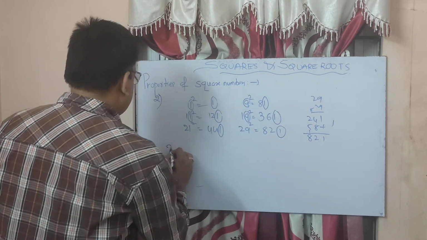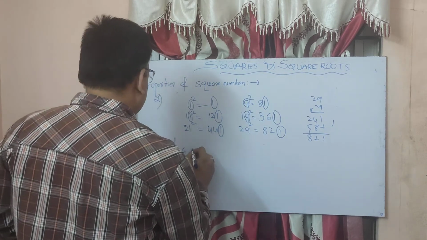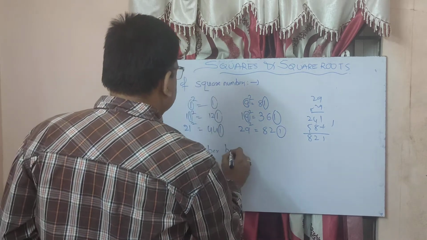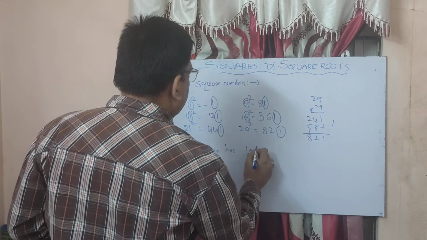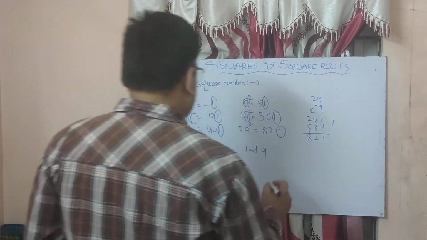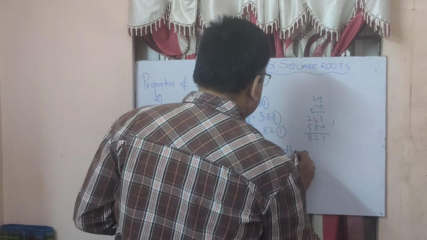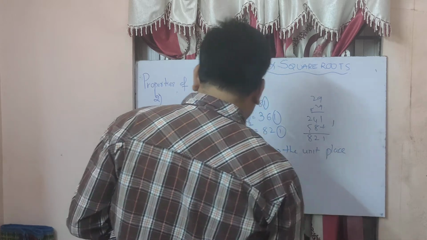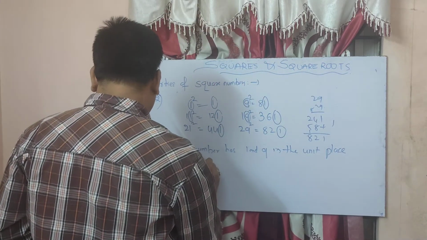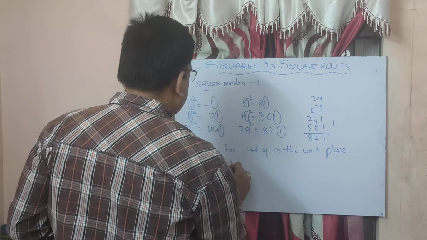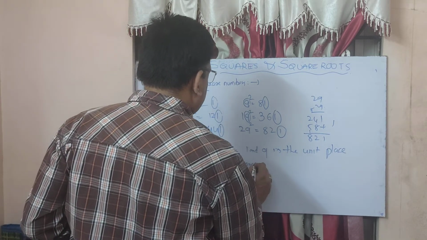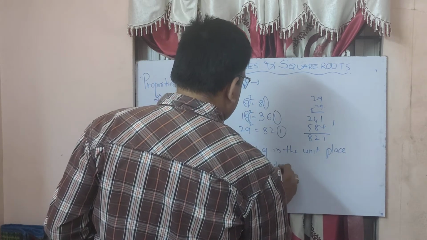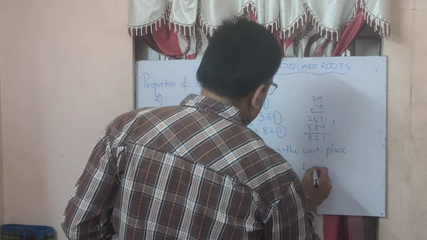If a number has 1 and 9 in the unit place, then its square ends in 1 only.